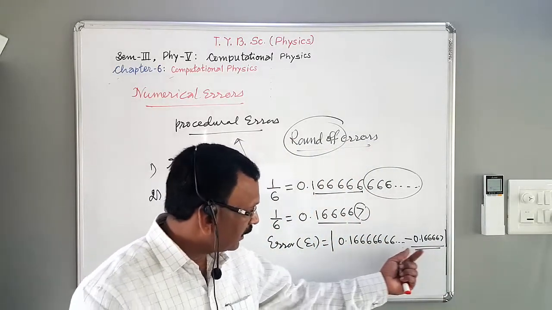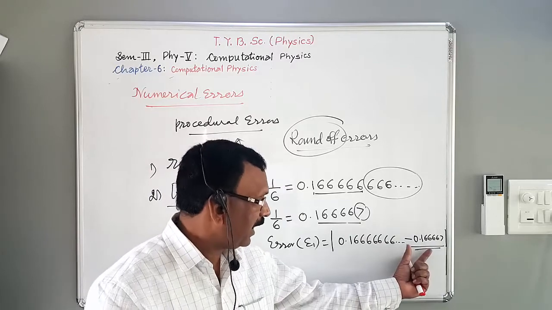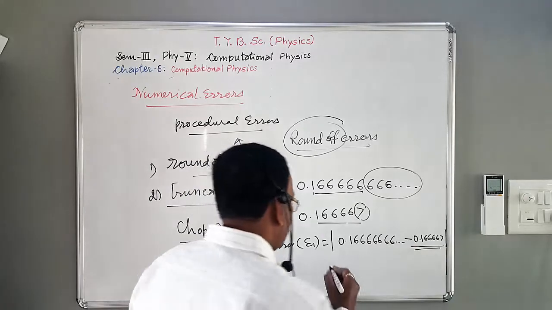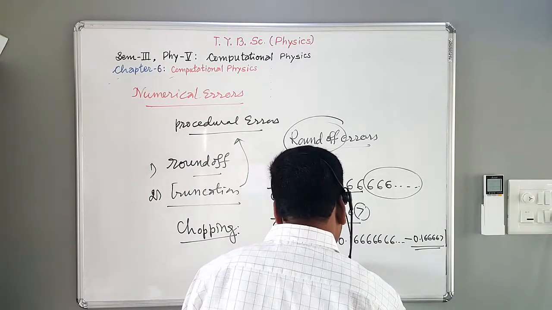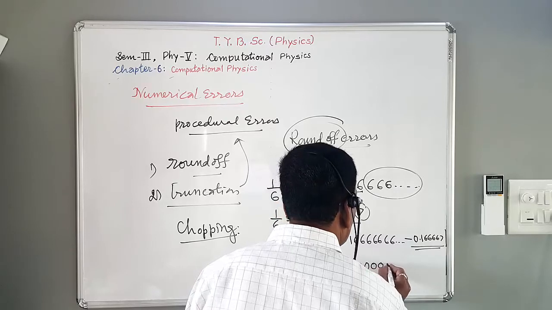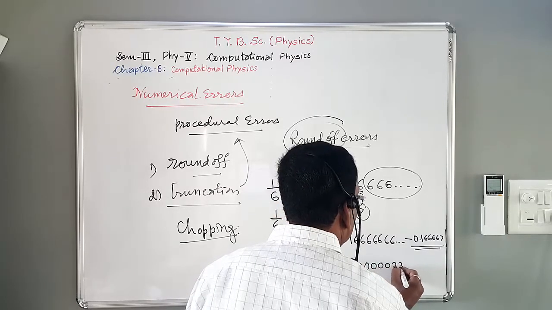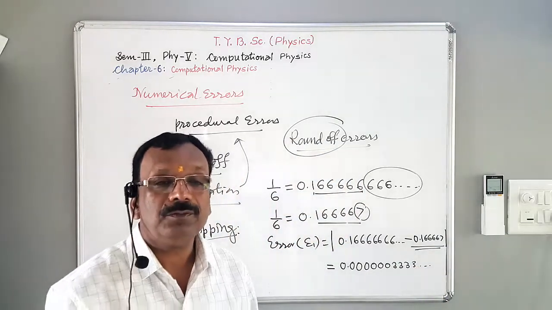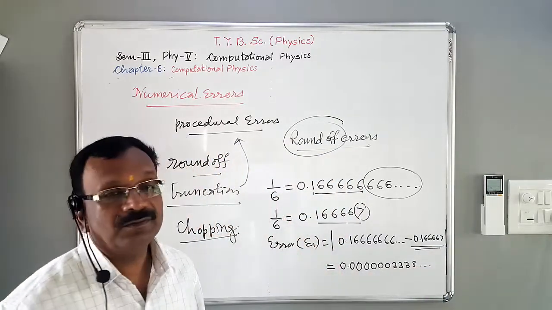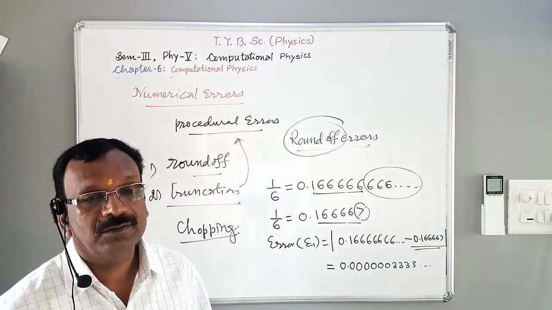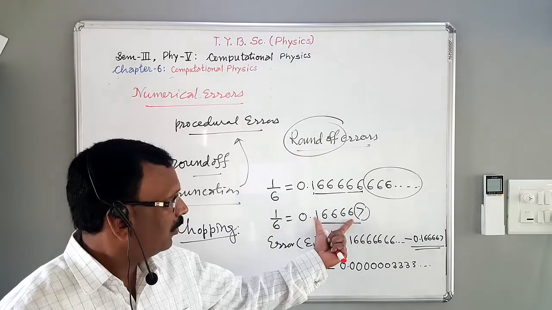Then when we subtract the round off value from the actual value, the error will be 0.000003333. Okay. This is the error, and this error is nothing but round off error.